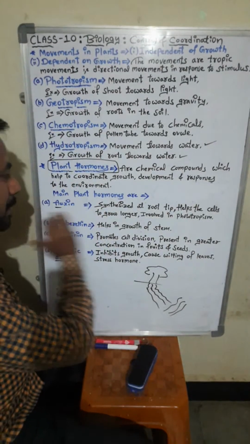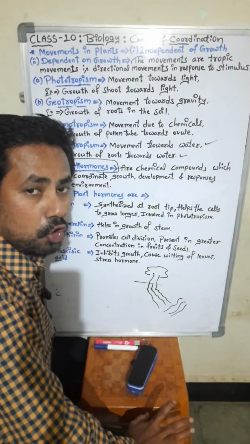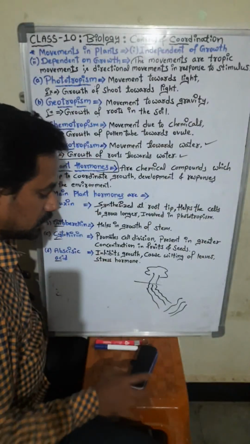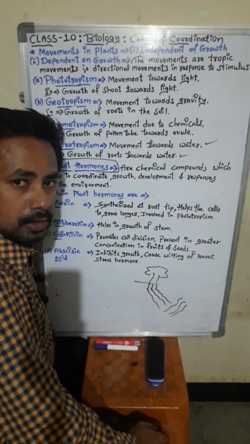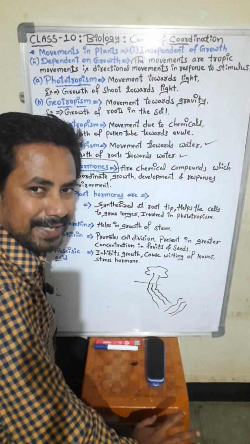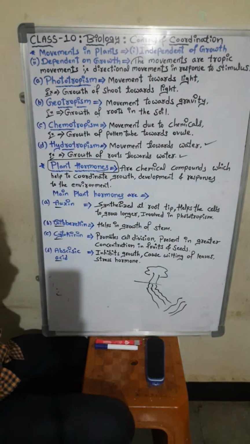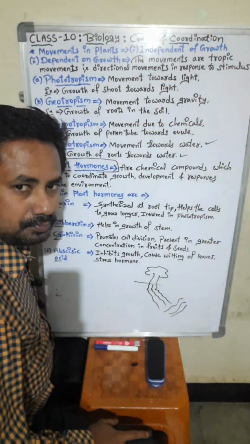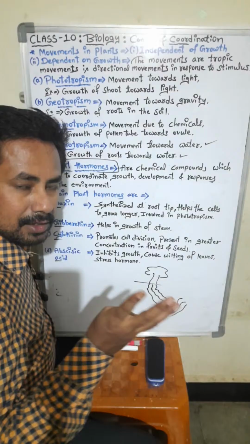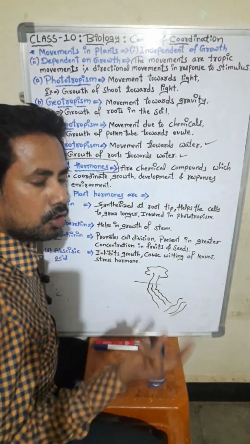Now, the main plant hormones, let's try to understand. Which are the four main plant hormones? Auxin, gibberellin, cytokinin and abscisic acid. These all are plant hormones, students. Fix it in your mind. Auxin. If you are not remembering this one, say it five times in your mind. Auxin, auxin, auxin.